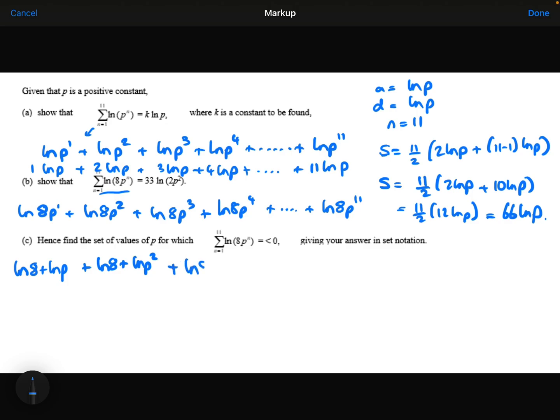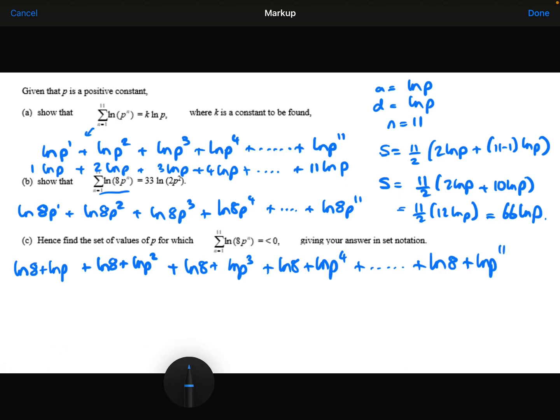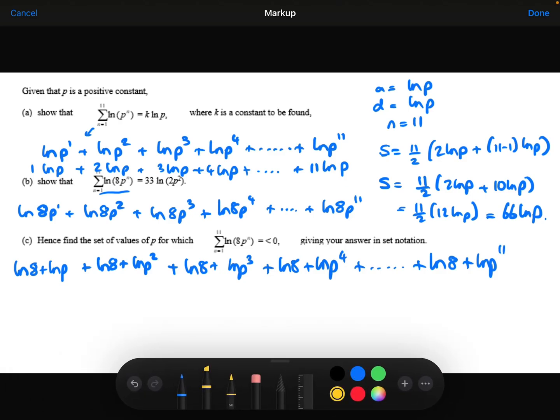And so on. So again, just to be super clear, splitting this up using the addition law to be this. Splitting this up with the addition law to be this. And so on.